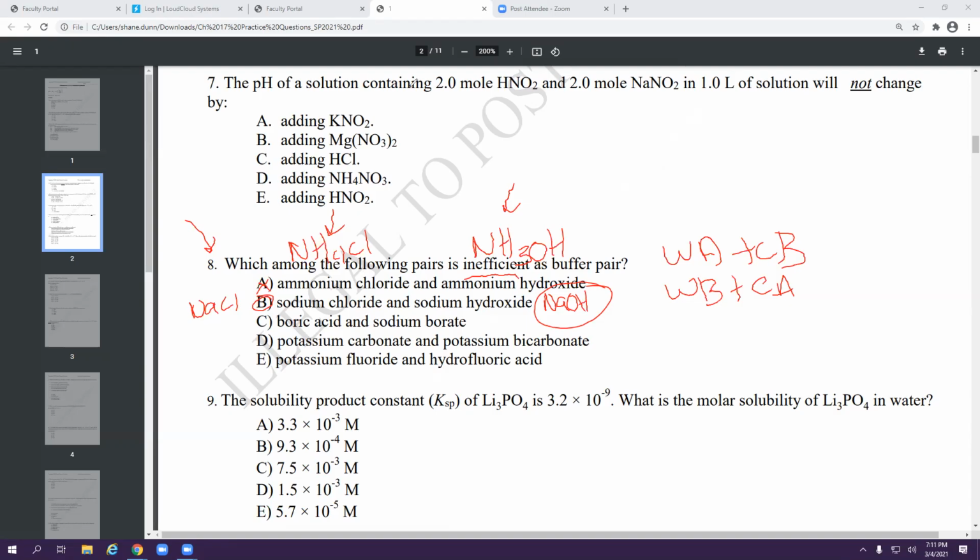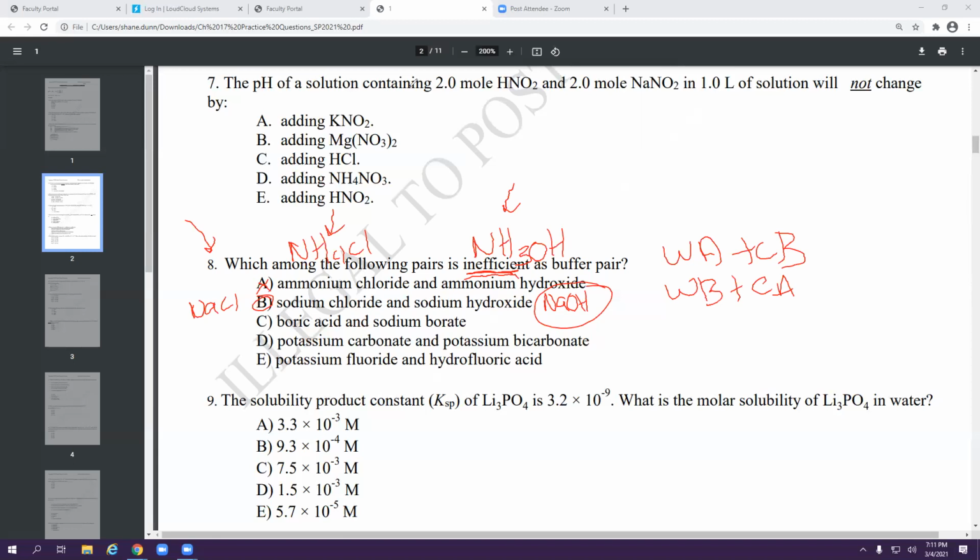But B is the answer because NaOH is already a strong base. Strong bases cannot form buffers. Does that make sense? That's why B is the right answer, because the question is looking for an inefficient buffer. Because that is a strong base, not a weak base.